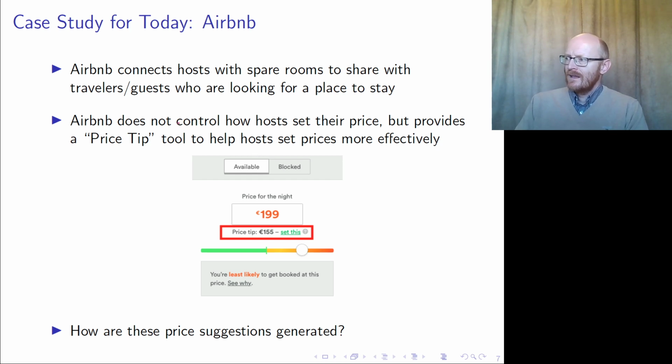Okay, and of course if you're going to rent out your bed or a couch or a room, you have to set a price. And what you're interested in is to set the maximum price which still enables you to actually get a customer.